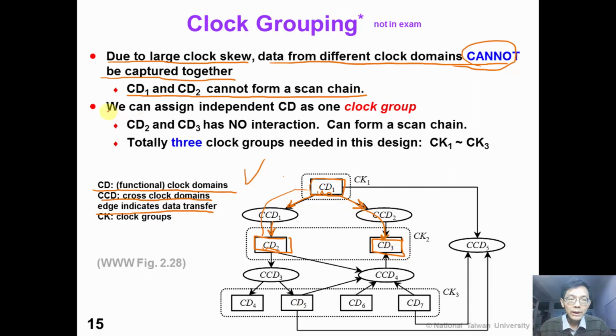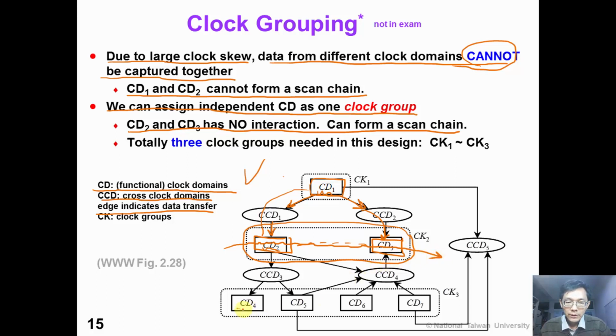However, we can assign independent clock domains as one clock group. For example, there is no interaction between CD2 and CD3, so we can group them together. And the flip-flops in these two clock domains can form a single scan chain.